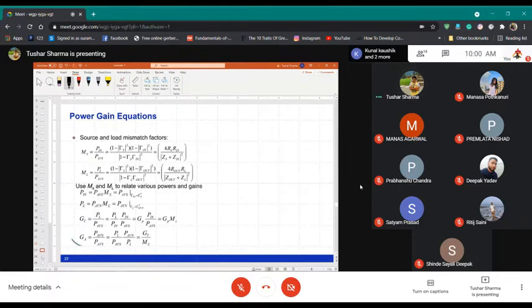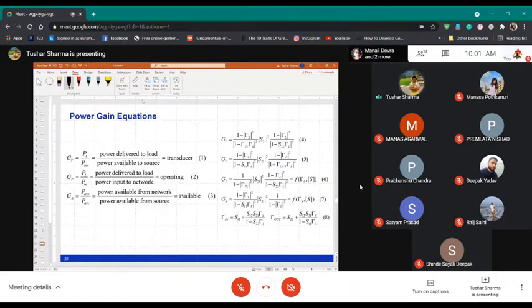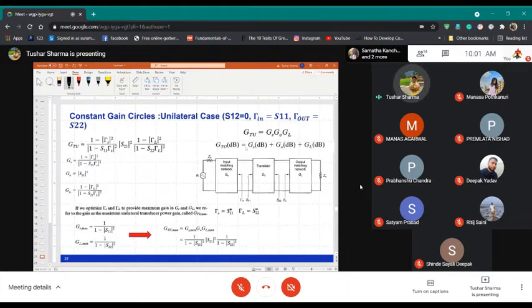Okay, so in that case, gamma in and gamma out are these, and my gain is given by (1 minus |gamma S|²) over |1 minus S11 gamma S|², times |S21|², times (1 minus |gamma L|²) over |1 minus S22 gamma L|². I just replace gamma in by S11 and gamma out by S22 from this equation. So this is my total gain.